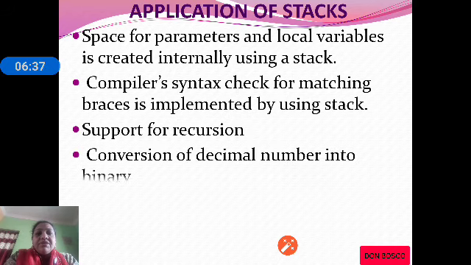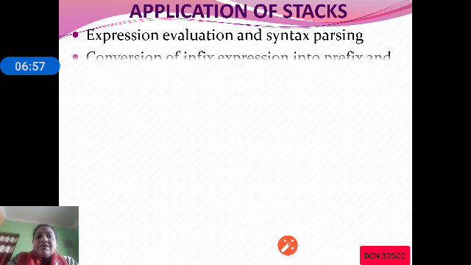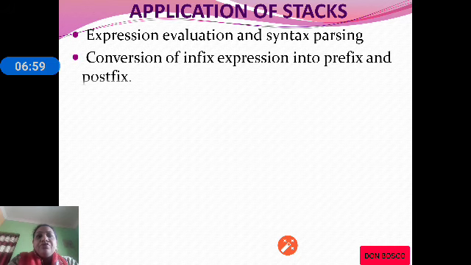Stacks support recursion. They help in converting decimal numbers to binary. Stacks can be used to solve the towers of Hanoi problem. Stacks can be used in the evaluation of syntax parsing.